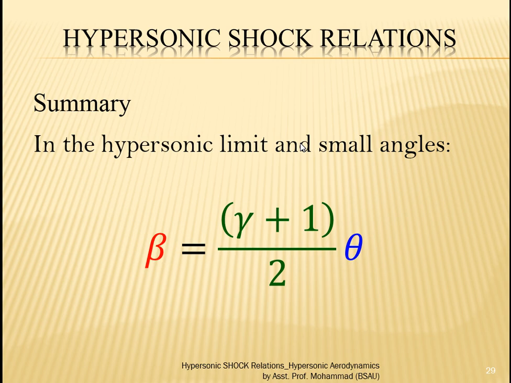We can physically measure what the deflection of the flow will be, but beta is an aerodynamic concept. There is an invisible aerodynamic discontinuity existing in the flow, and its inclination with respect to the free stream velocity is beta, so it becomes difficult. Now if you know theta, beta can be found very easily.